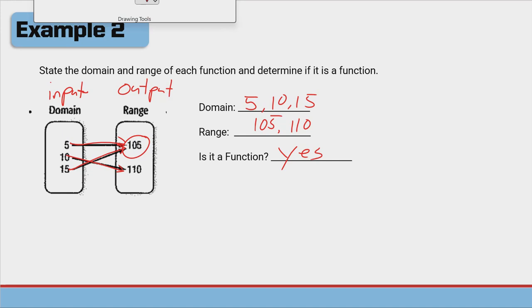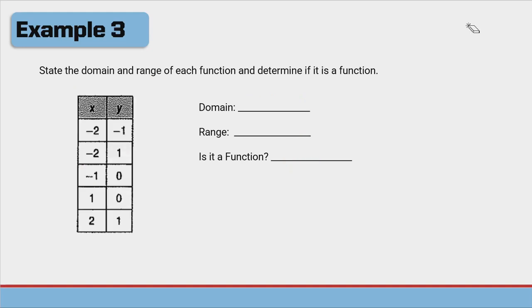Okay, so let's look at our next example. Domain, range, and is it a function? So again, domain is my x values, range is my y values. So I can go down the list.